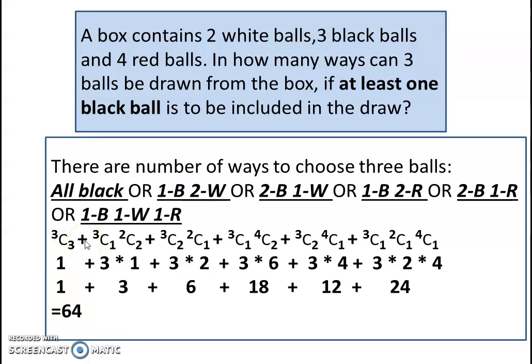Then next combination is, we are selecting 1 black ball, so the number of ways will be 3C1. 2 white, so we are selecting 2 out of 2, so 2C2. Then next combination is, we are selecting 2 black out of 3 and 1 white out of 2. Next combination we have, we are selecting 1 black out of 3, 2 red out of 4, and so on, right? So these are the combinations we can make to choose 3 balls.